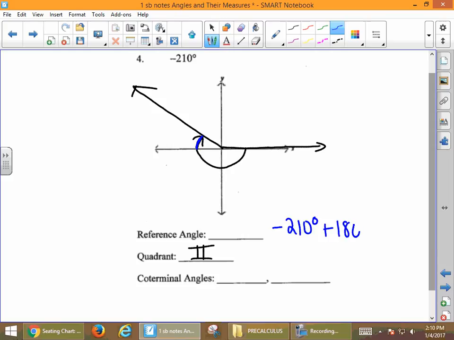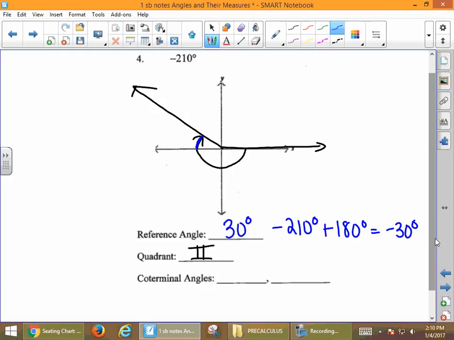In order to do that, I have to add 180 degrees, which gives us negative 30. But again, in terms of a reference angle, we only want a positive value. The negative tells us the direction. So we don't need to write the negative. Only the positive, 30 degrees. Acute angle between 0 and 90 degrees.